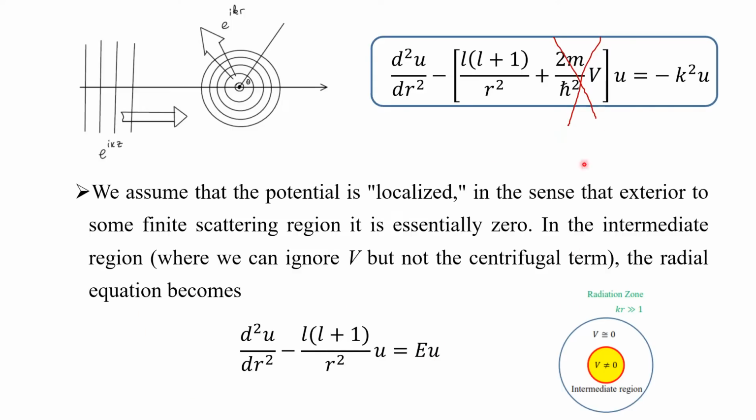Since this potential is localized, I would like you to notice an important point: this equation is independent of the potential. We are not worried about the strength of the potential. The only thing is that we have taken it to be localized.